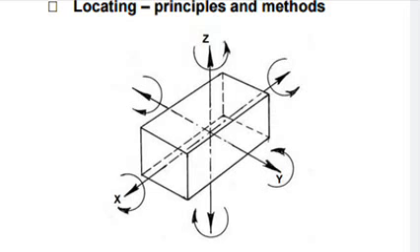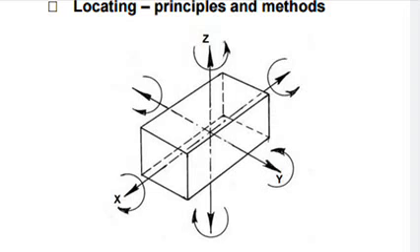Okay. Now if you want to set up the same component on the machine table, then you have to take care that out of these 12 degrees of freedom you arrest some degrees of freedom.